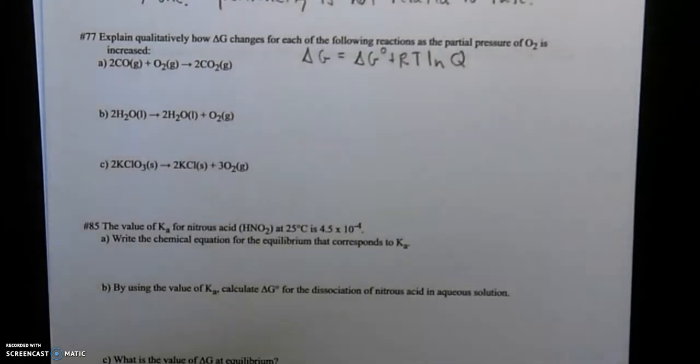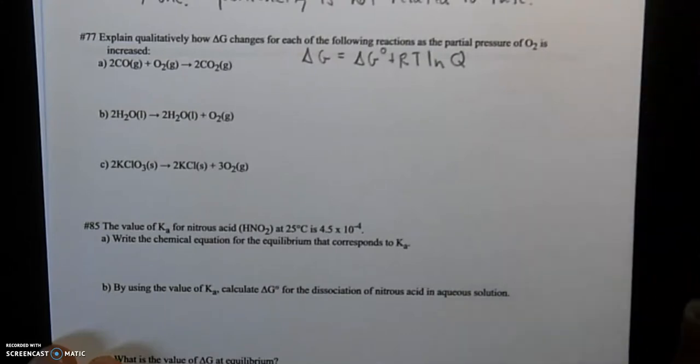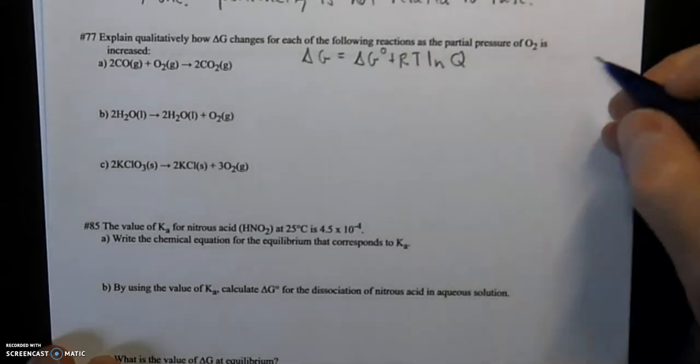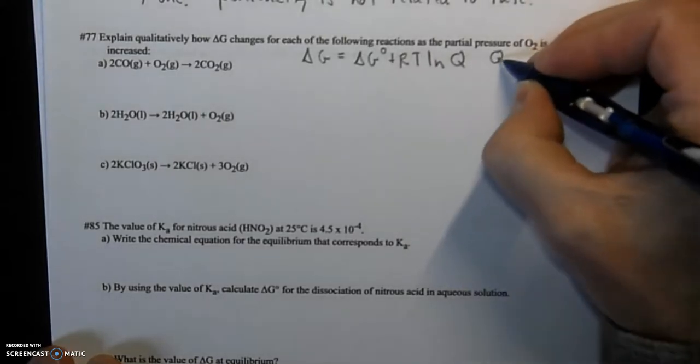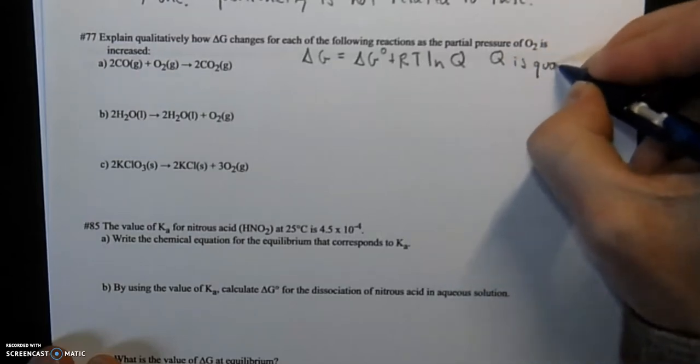But understanding why it would drive one way or the other can be used mathematically here. So again, Q is the quotient of the pressures given here.